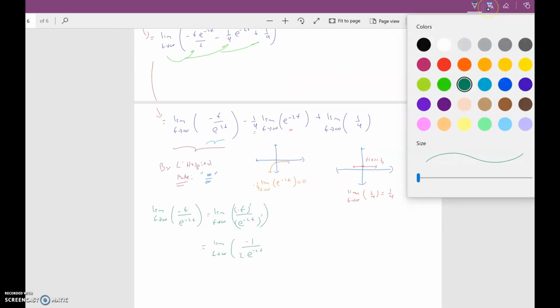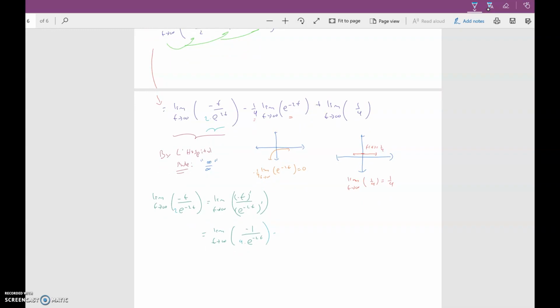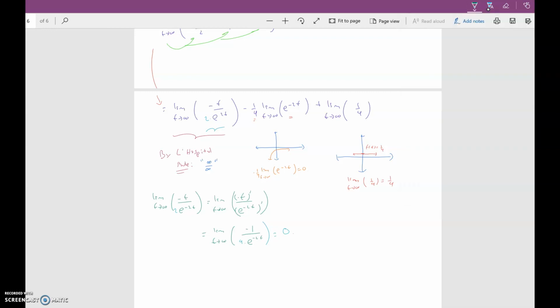Give me, okay, I found it. I'm missing this 2. So there's supposed to be a 2 there, which puts a 2 there, and which makes this into a 4. Okay, as you're evaluating this one, you're also going to get 0 because in essence, it's basically that sketch.